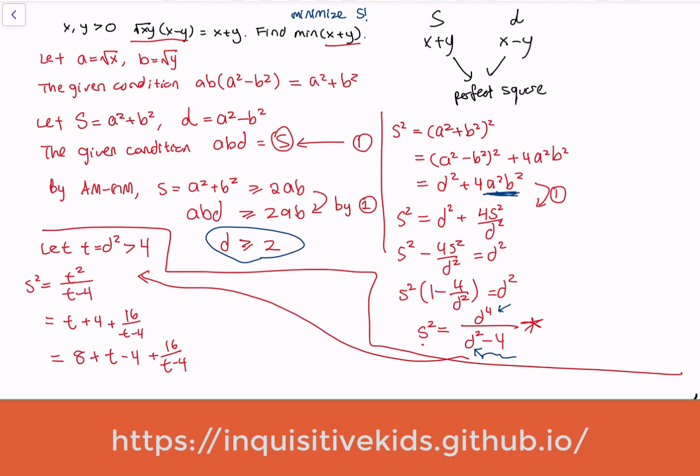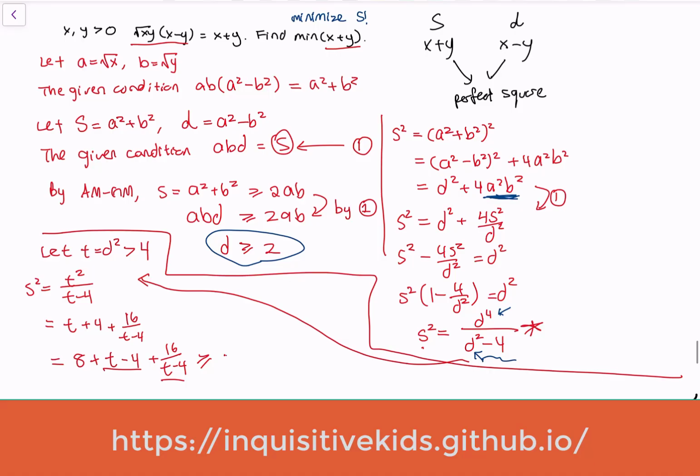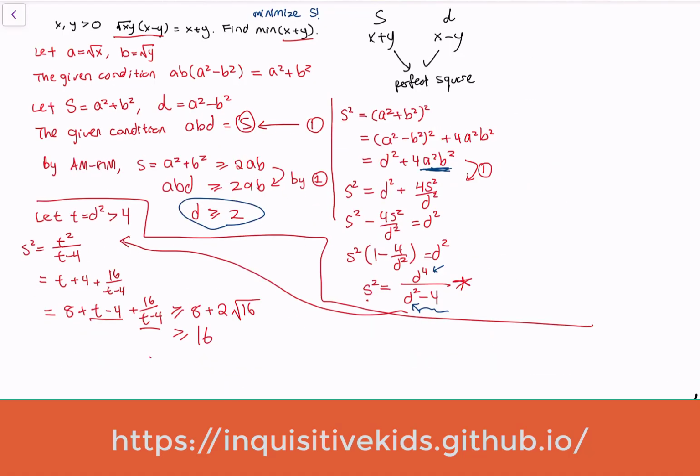We wanted to make it such that we have a t minus 4 in the numerator and a t minus 4 in the denominator. Now when we apply the AMGM inequality, we have 8 plus 2 times the square root of 16. So this is equal to 8 plus 8, which is 16. S squared is greater or equal to 16.